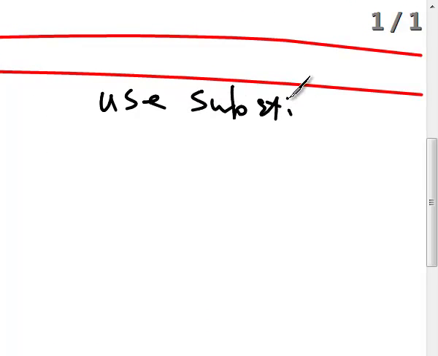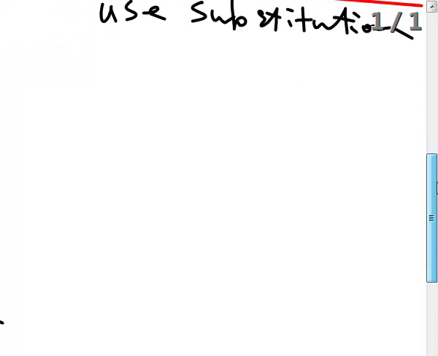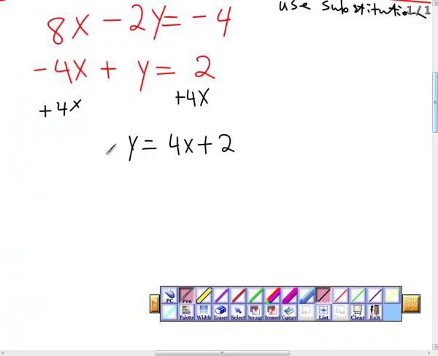Does that mean negative 4x plus 2? Oh, never mind. No, yeah, because we're adding, right? Okay, so now we've got y equals 4x plus 2, right? Now what do we do? We are using the substitution method, right? We took the second equation, solved for y.